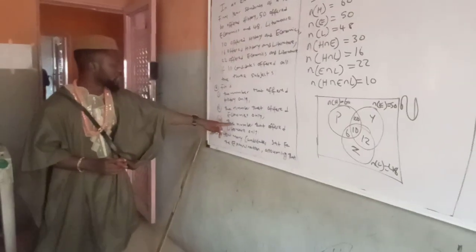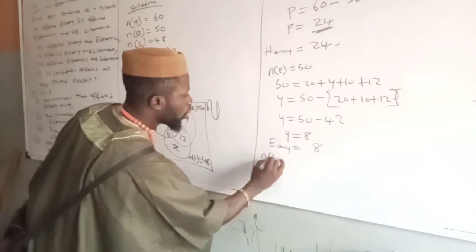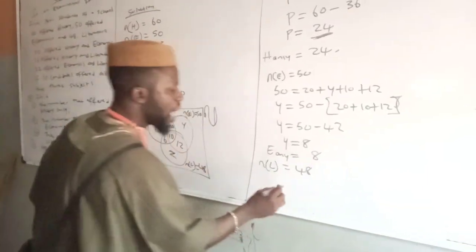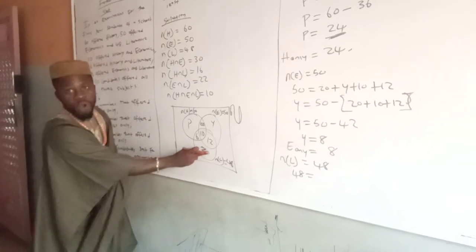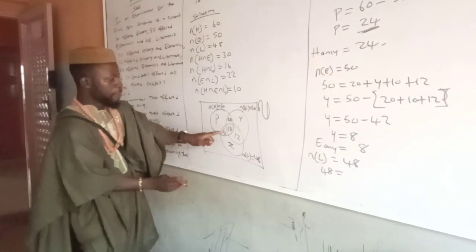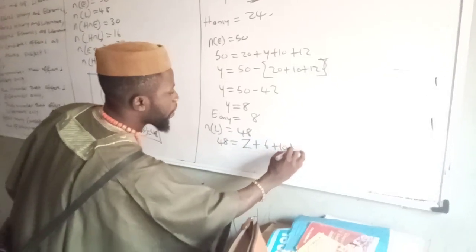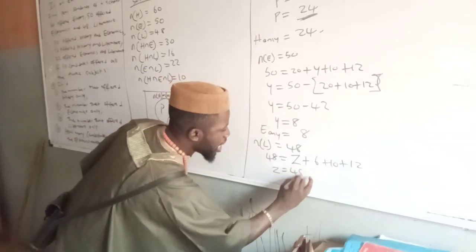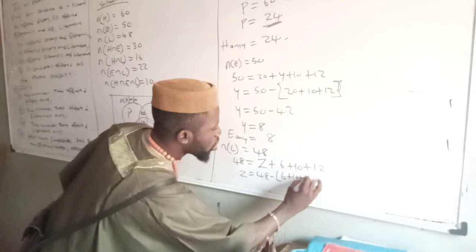Then we go to the third one, which is asking about the number that offered literature only. n of literature is equal to 48. So we have 48 equals, we come to this place, this is for literature, so that's Z plus 6 plus 10 plus 12. That means Z will be equal to 48 minus, open bracket, 6 plus 10 plus 12.